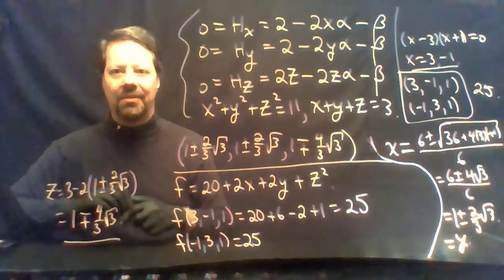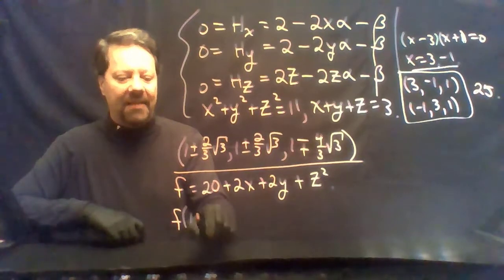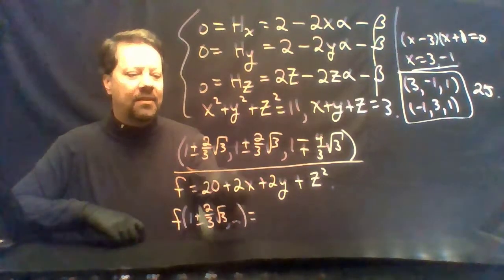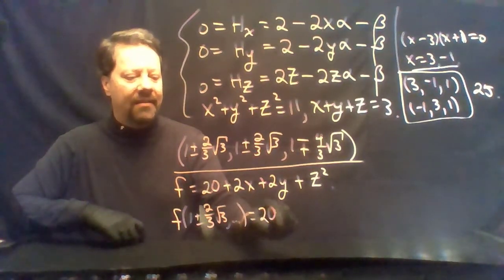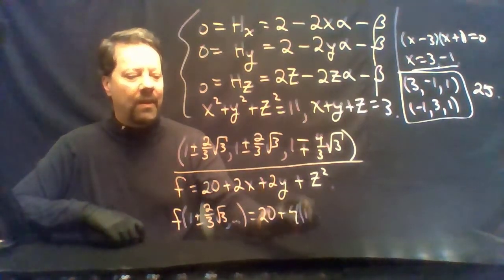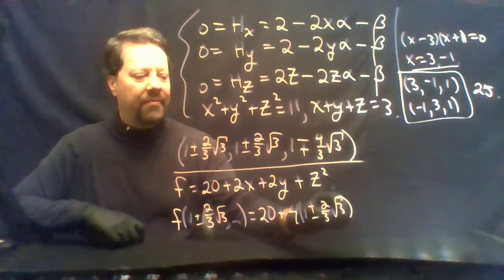What about the additional critical points? We're going to try to evaluate these both at the same time. We take 20. Since x and y are equal, we'll have 4 times 1 plus or minus 2/3 root 3.